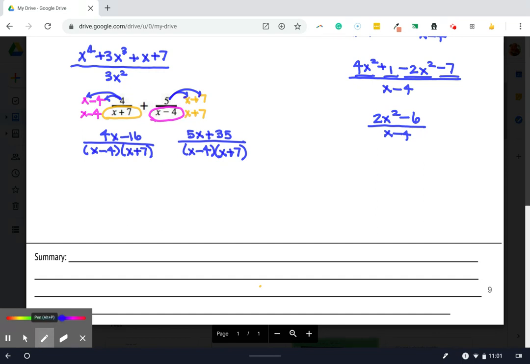So the 4 and the 5 are going to make a 9x, and the negative 16 and the 35 are going to make a 19. And then again, the denominator, it hasn't changed, x minus 4 and x plus 7.